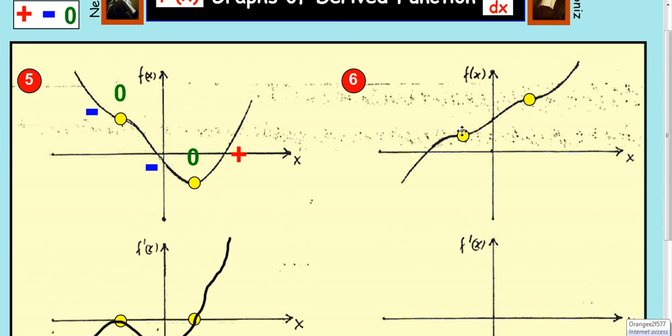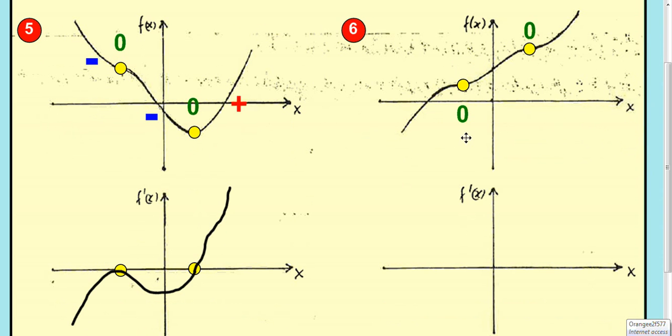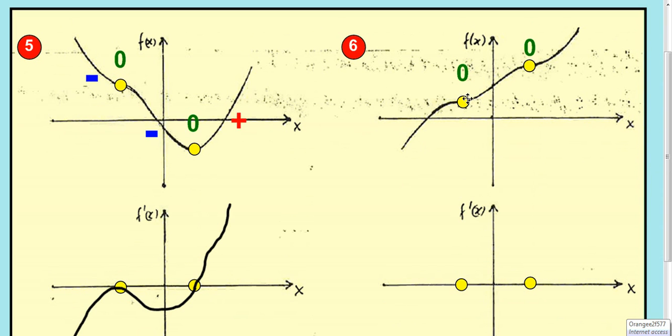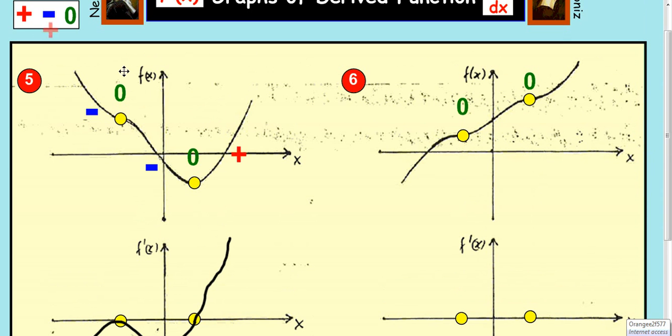Okay, question 6. Again, mark in your zeros. Mark your stationary points on the x-axis. Okay, so we have positive gradient, positive gradient, positive gradient, all going up.